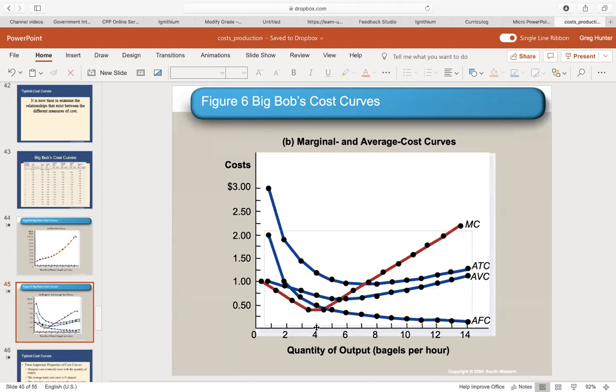This is the graph you want to understand, and you want to know that marginal cost intersects average total cost and average variable cost at their respective minimum points, because that's going to be important in a lot of things we're going to talk about with respect to how the firm is going to manage its cost to maximize its profit. And it's also going to be important in being able to answer questions on Ignithium.